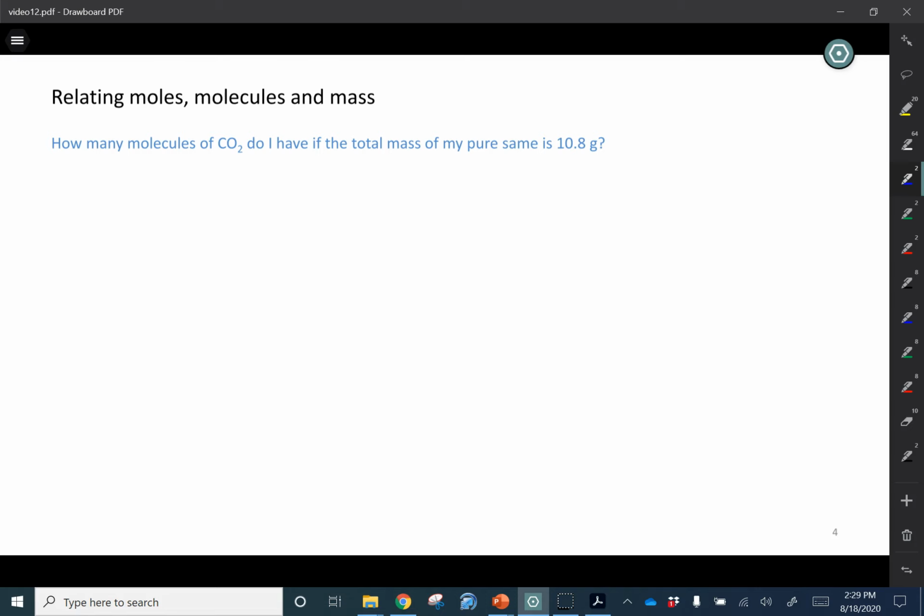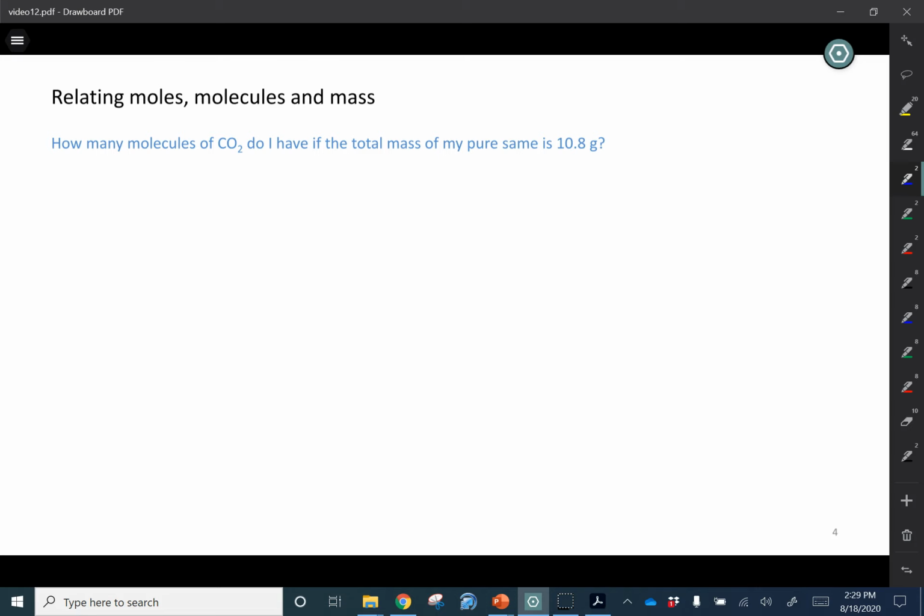Now let's look at how to relate the molecular weight or molar mass that we just calculated and the number of moles, the number of molecules of a substance. So we're going to do this just by working this problem. How many molecules of CO2 do I have if the total mass of my pure sample is 10.8 grams?